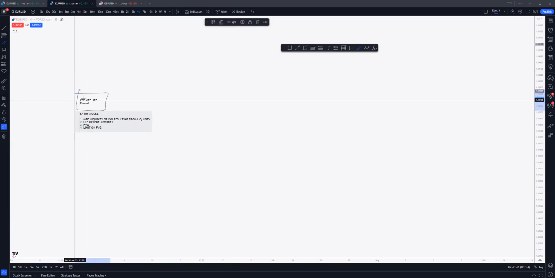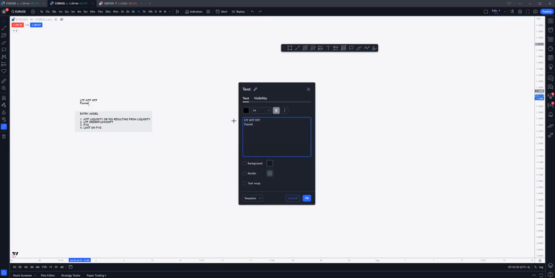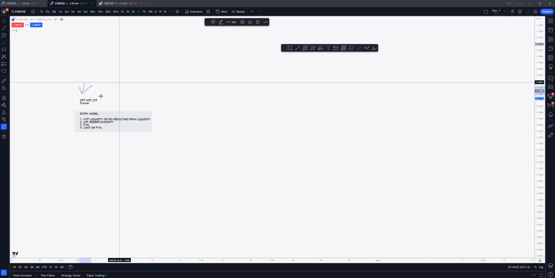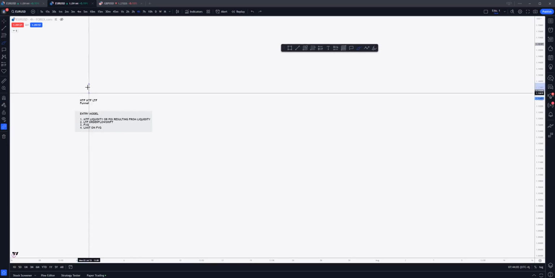So this LTF, or sorry, HTF, why is this backwards? Hold on. Okay, there we go. HTF, MTF, LTF means higher time frame bias, medium time frame. I call it find my way in price, but it's medium time frame liquidity basically.